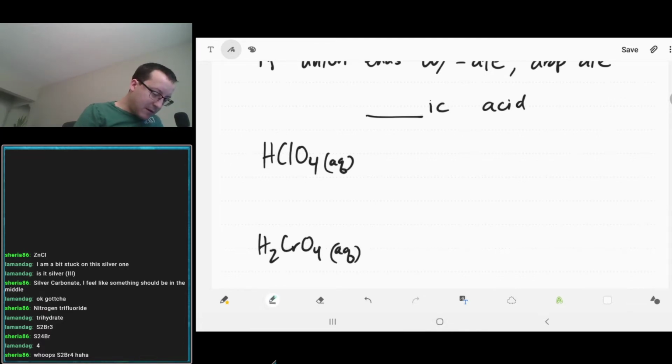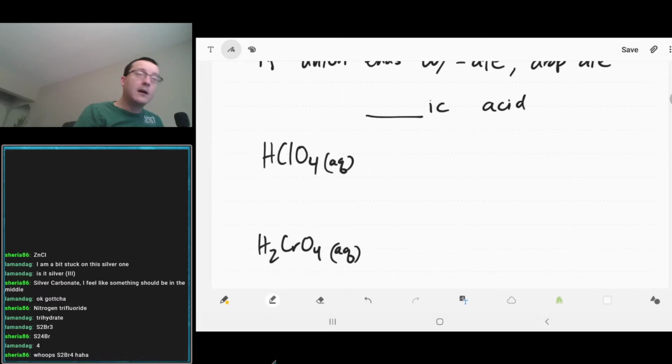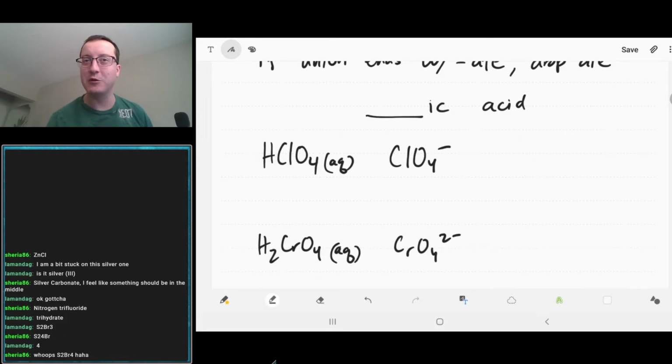Okay, so let's take a look at the anion name. Let's look at what the anion is. ClO4 minus. So again, this is why it'll be very useful for you to have learned these polyatomic ions, because otherwise you're going to have to keep going back and forth to the chart. I know I'm a broken record, what can I say?